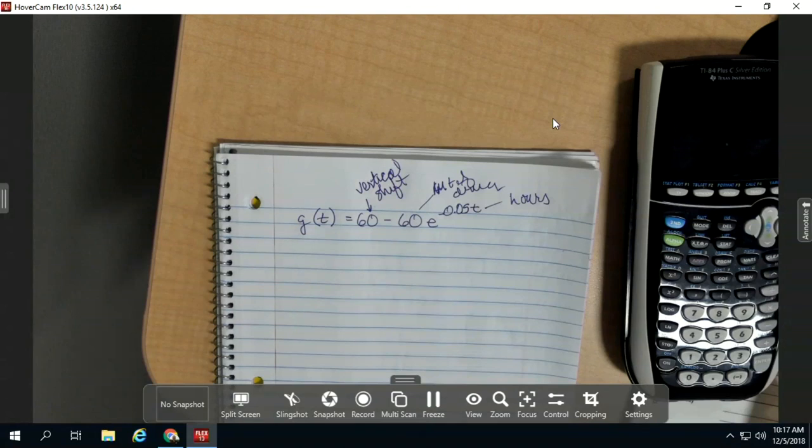Well, if you look at this part here, this would have been 60, right? Everybody agree? It would have been 60. But what happened to our graph? It's shifted up 60. So our 60 that would have been at 60 is now down here at 0, which kind of makes sense, doesn't it?